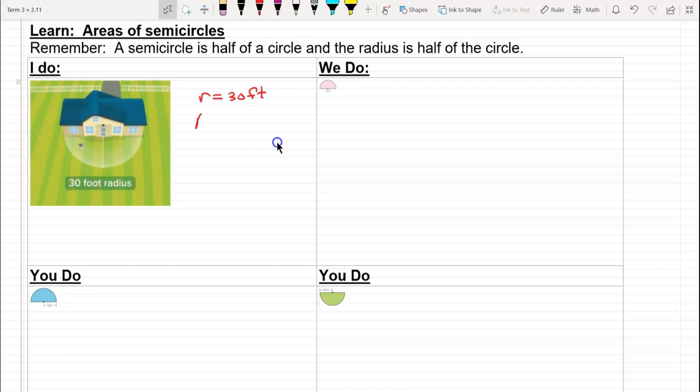Okay, so we're going to use area equals pi r squared, and then we'll divide that by 2. So again, for pi, we'll use 3.14. For radius, we're going to use 30, so we're going to multiply 30 times 30. And then when we're done, we'll divide that by 2. So let's take a look at what that answer would be.